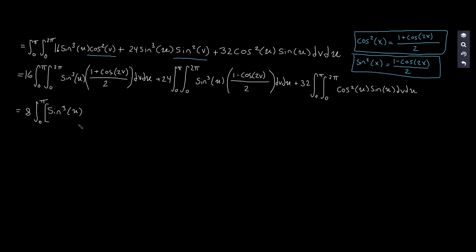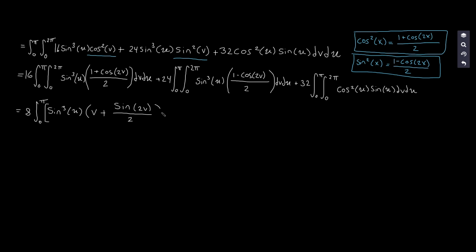So it's going to be sine cubed of u times, well, this is going to be v, because that 1 will become a v, plus sine of 2v over 2, the 1/2 times sine of 2v, but I'm just going to put that sine of 2v on top.